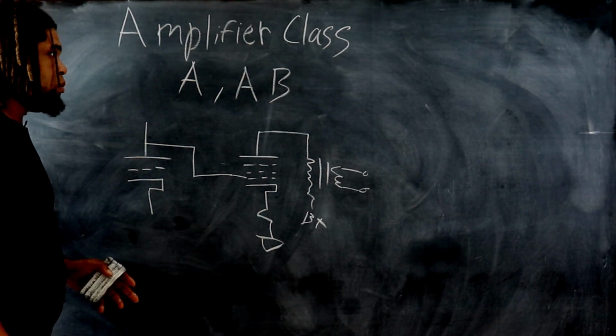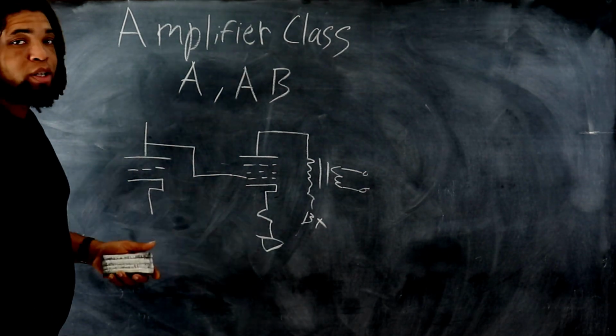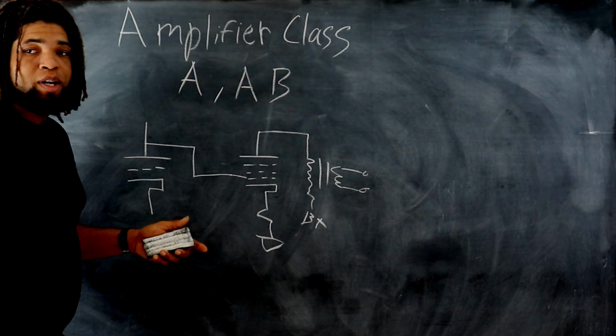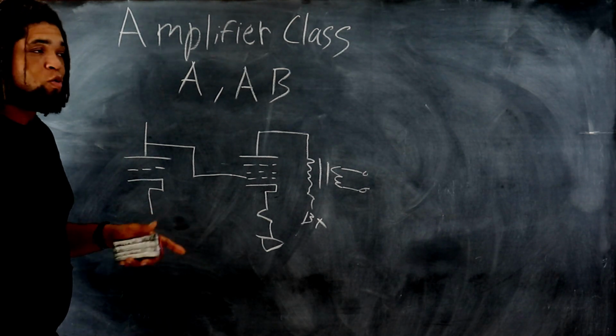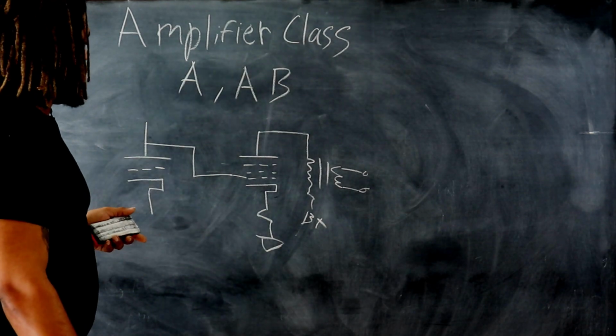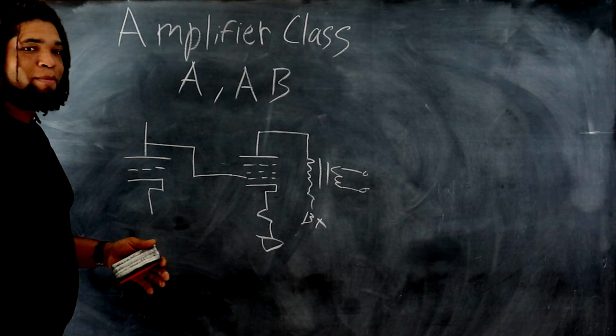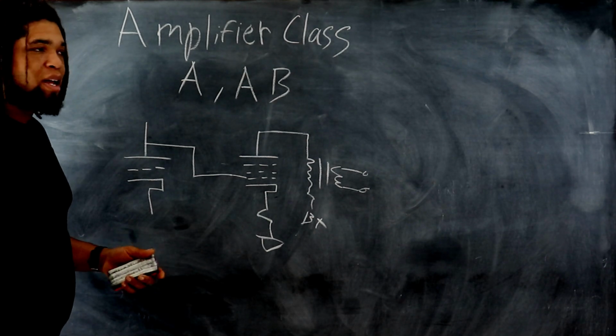Now, why wouldn't you want to do that all the time? Well, especially when it comes down to transistors, in the transistor world, it comes down to efficiency. In the vacuum tube world, the same thing kind of remains.